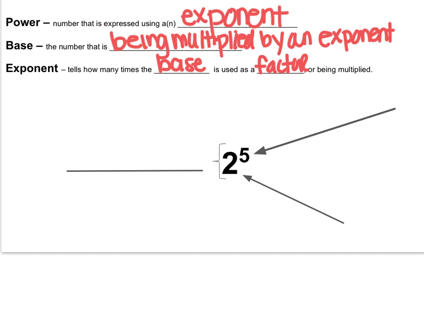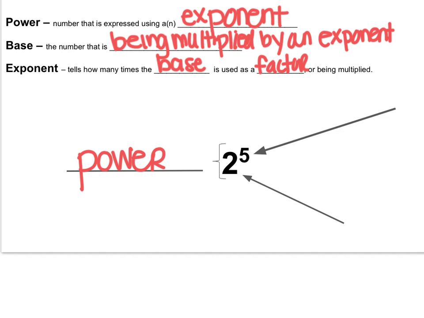If we look at our description over here, you can see that here we have 2 raised to the 5th power. This entire thing is what we call a power.